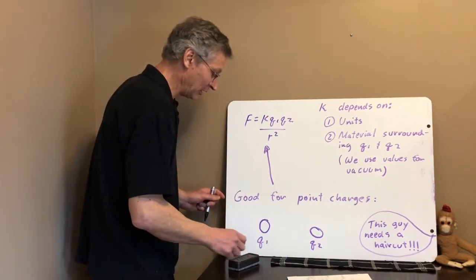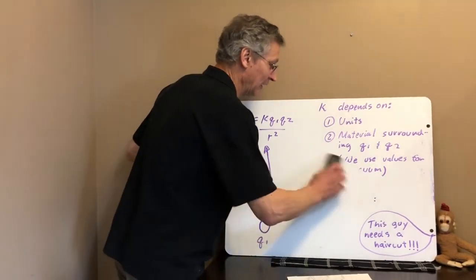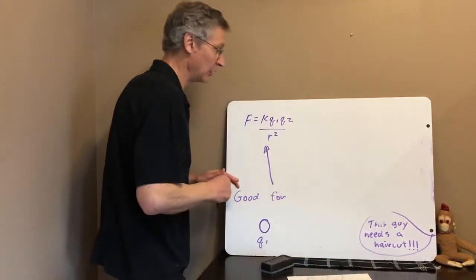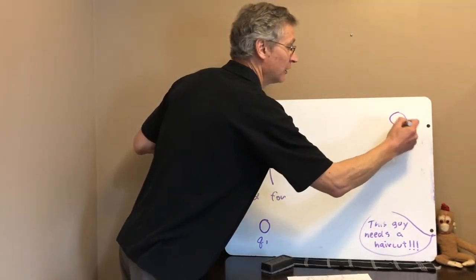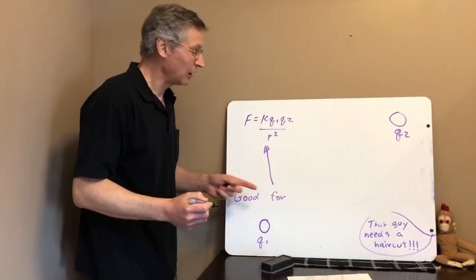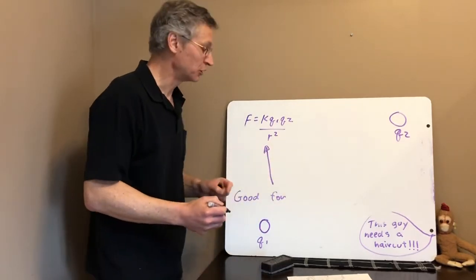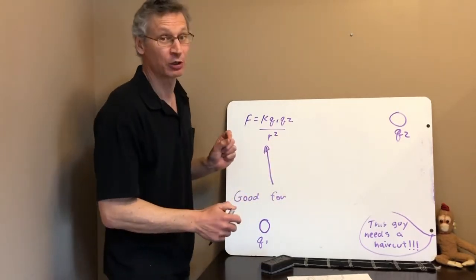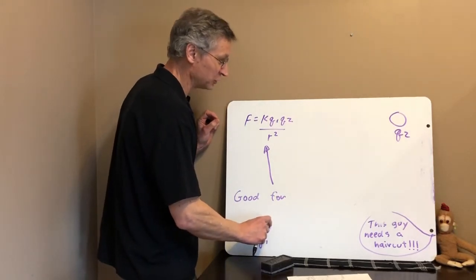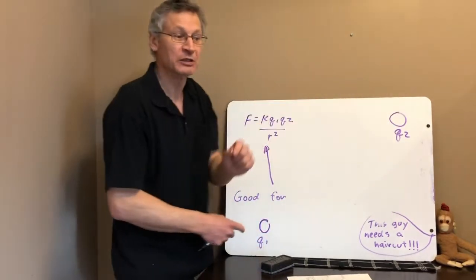For example, if Q1 were down here and Q2 were way the heck up there, still the same size, well, now these things are considered point charges, or at least you're pretty darn close to point charges, because the distance across the charges is insignificant compared to the distance between the charges.